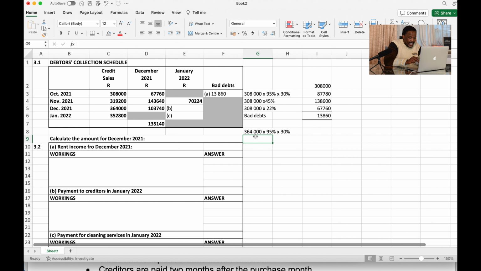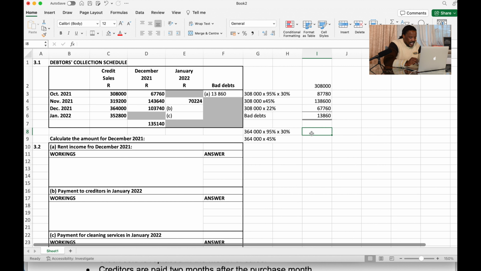It should be like that. And this 364,000 multiplied by the trend of 45%, which is going to answer January. And that is what they are requesting us to show.